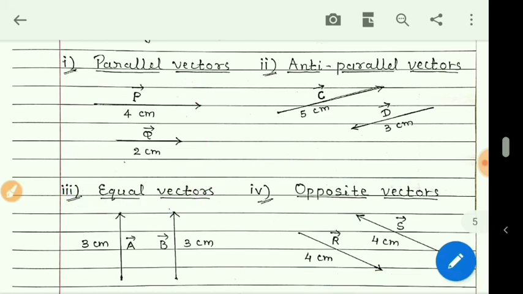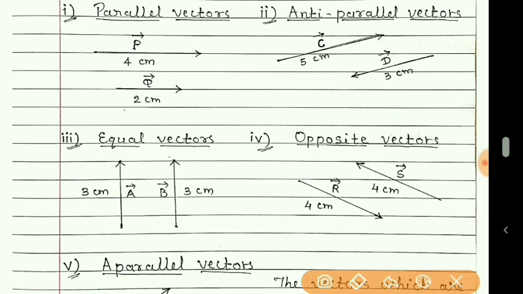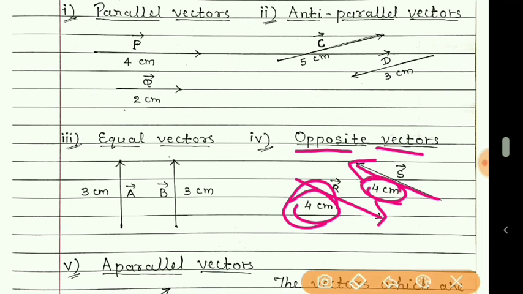Similarly, opposite vectors? Simply you have to check the direction. So first we have seen that the directions are mutually opposite to each other. But if their lengths are also equal, that is, the directions are opposite and the magnitudes are same, then they are called opposite vectors.